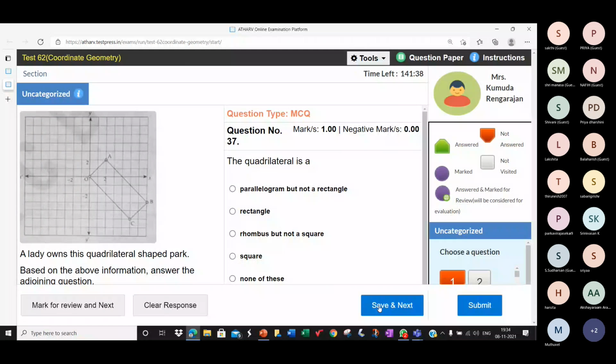So how would you check? By using the distance formula. Please take the time to find OA, BC, find the lengths of the 4 sides.